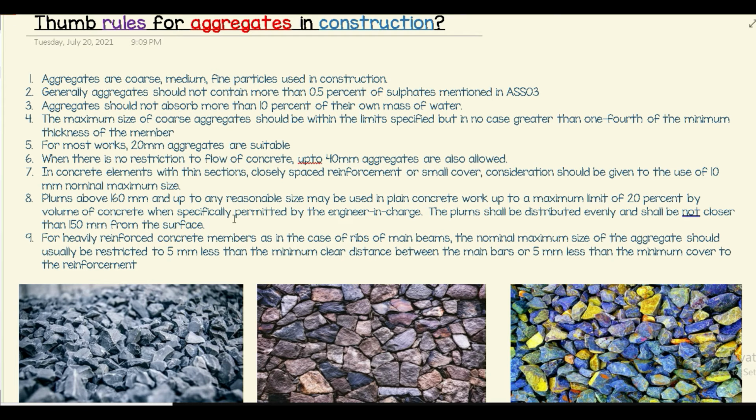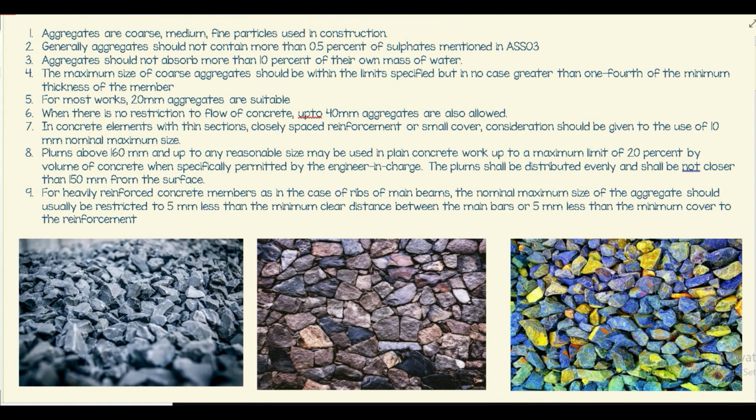So plums are big rocks or big aggregates, the one shown in the second picture, all right? So it says that they should not be more than 20% of the volume of concrete, and at the same time they should not be closer than 150 mm from the surface.